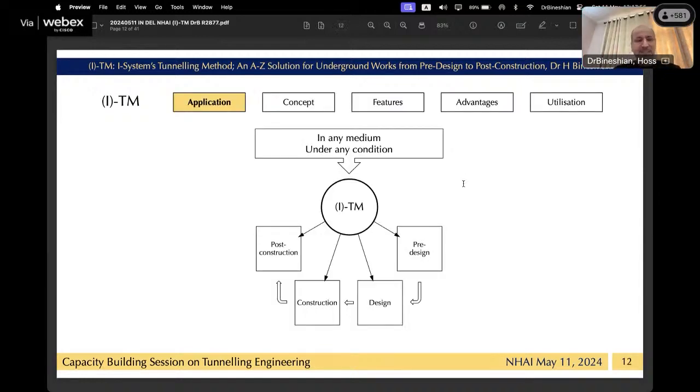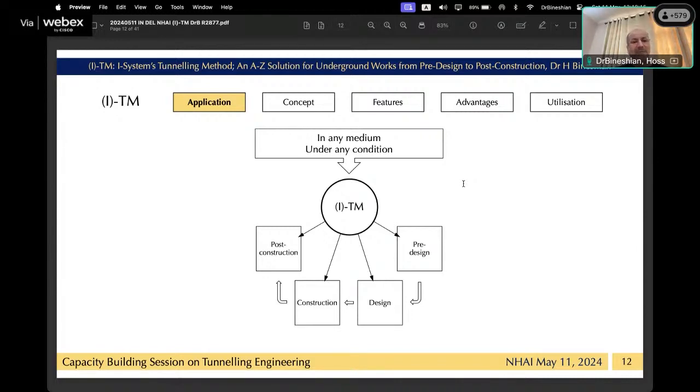Now let's enter a little bit more into details of ITM. ITM is applicable in any medium under any condition. ITM doesn't have limitations such as that it cannot work in soil or in poor ground.